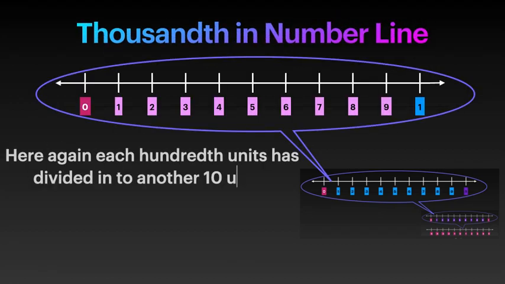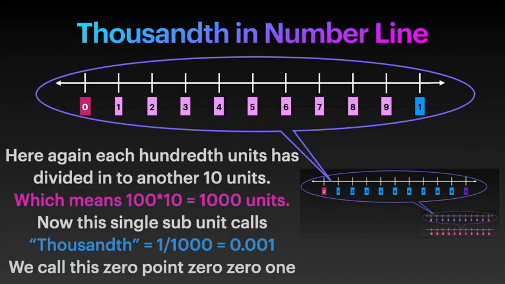Okay guys, now we are going to look at thousandth. Again we are going back to the number line. You know there is a space between two numbers. We have divided that space into 10 subunits. Now we have the tenth unit. We do the same again. One of those subunits is divided into another 10 subunits. Now 10 times 10 is 100. Here we have the hundredth.